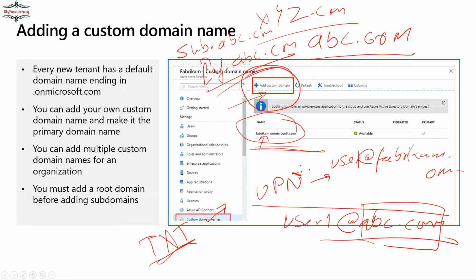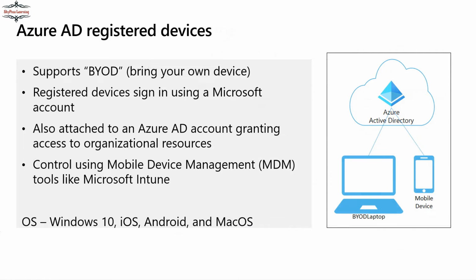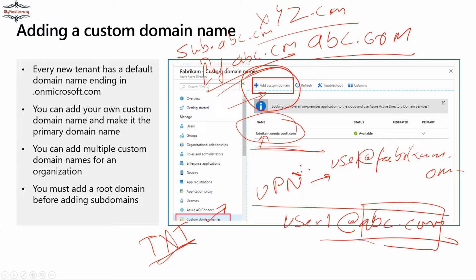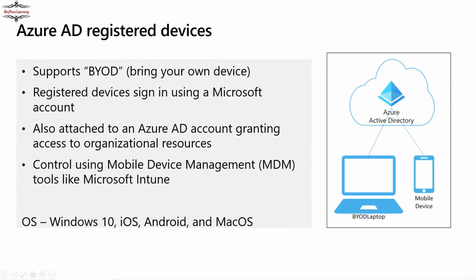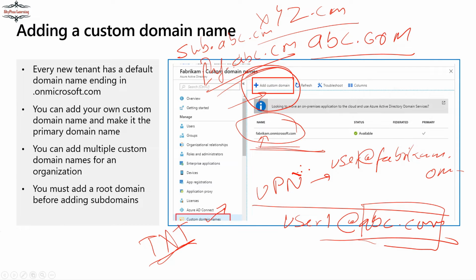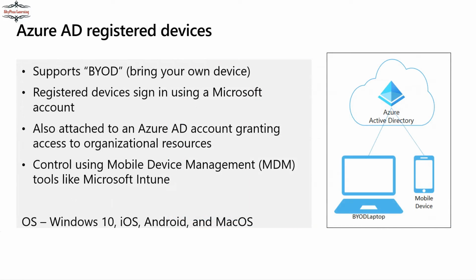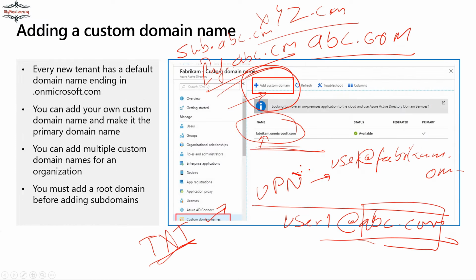By default, you will get onmicrosoft.com as a domain. So onmicrosoft.com is your default domain. You can add custom domains, whatever number you want.